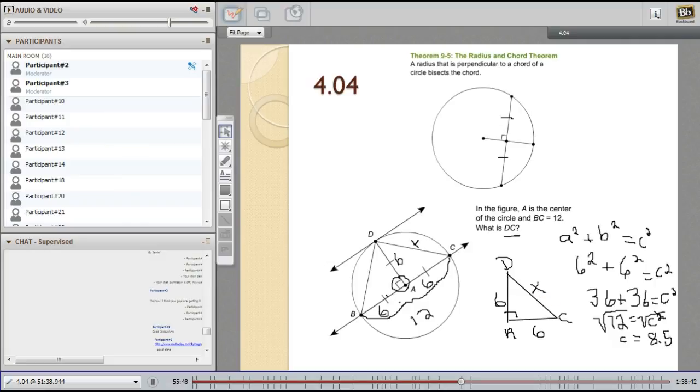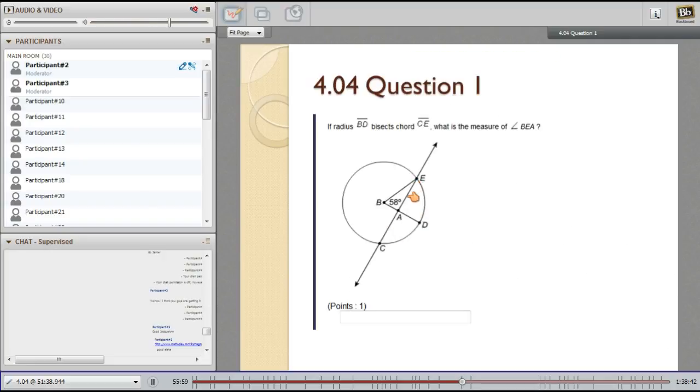Okay, we could probably get through one more of this, and this was the last thing to go over anyway. So if radius BD bisects chord CE, what is the measure of angle BEA? So we're looking for this angle right here. Okay, so let's draw out the triangle.